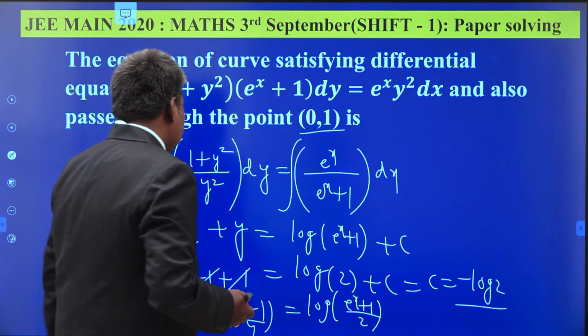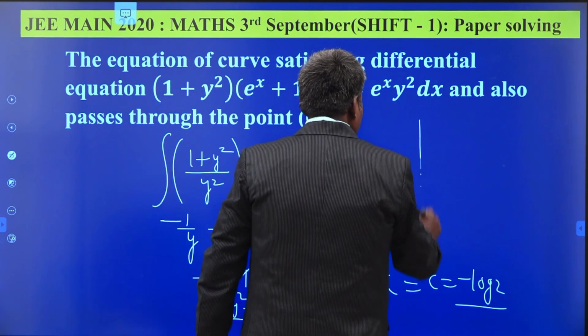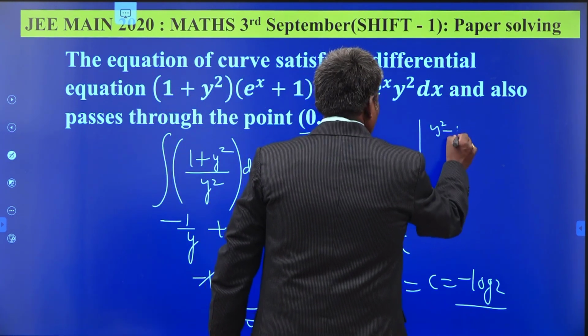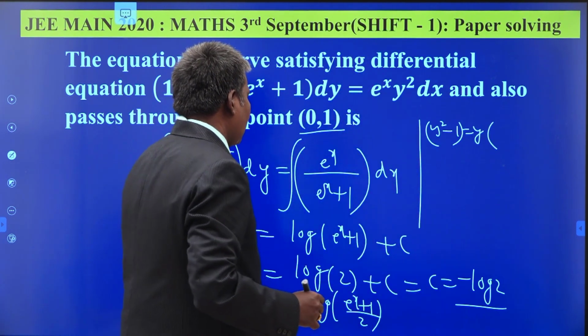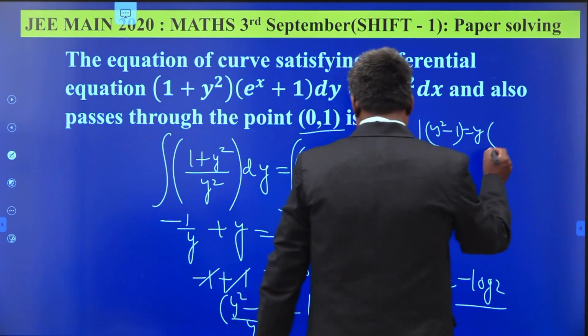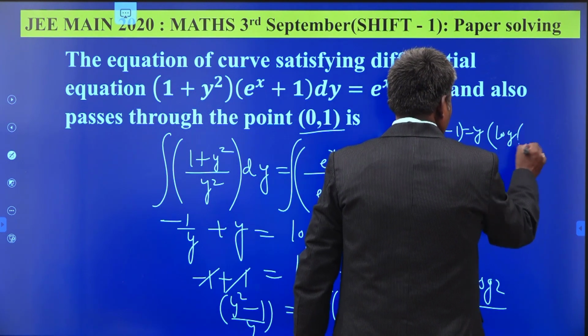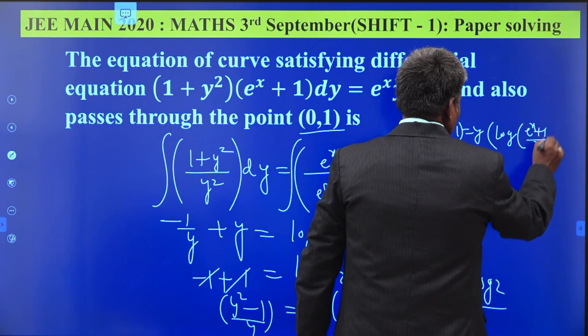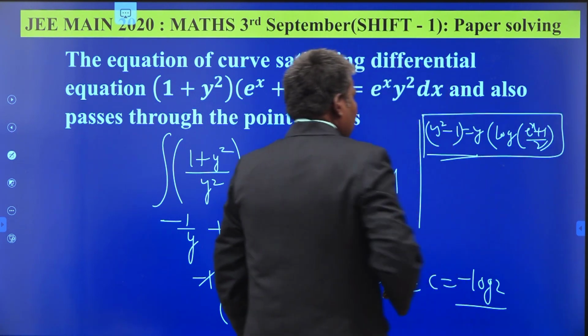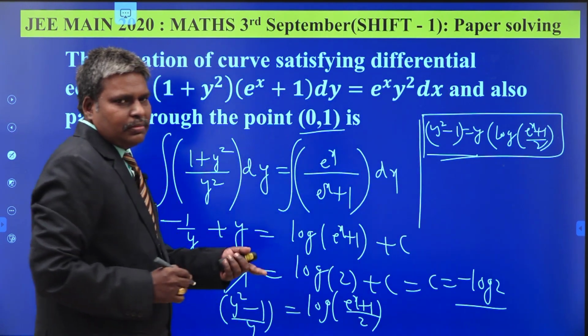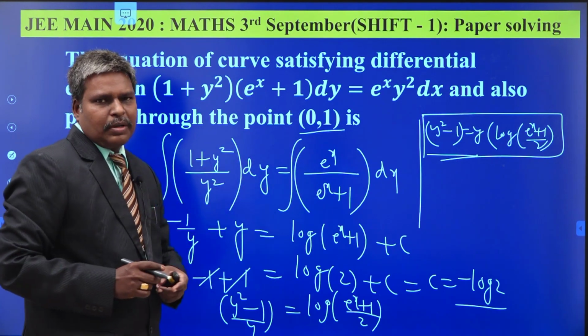So your answer is y square minus 1 is equal to y times log of (e power x plus 1) by 2. So, a very simple problem. This is related to variable separable.